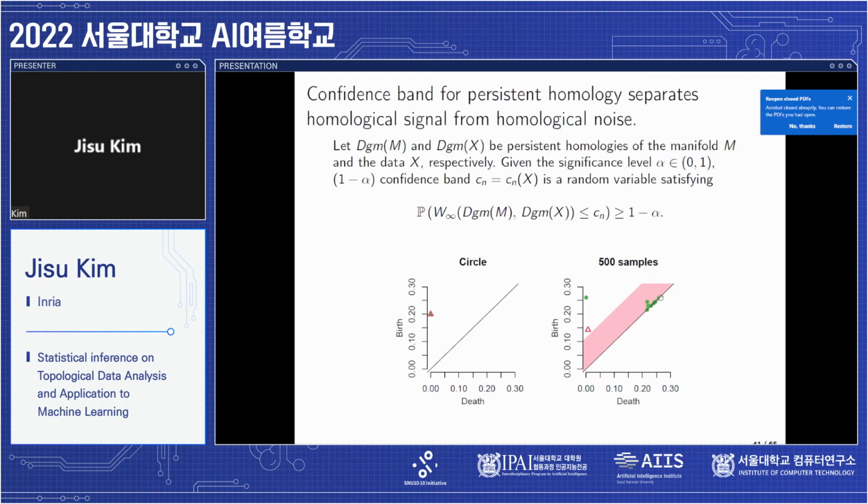But these points don't have that guarantee. So in this sense, in the persistent homology, you can differentiate the statistically significant topological features from topological features that are not significant. These points can be just from noise, or can be just that the homology is not strong enough to be observed from the finite number of samples.